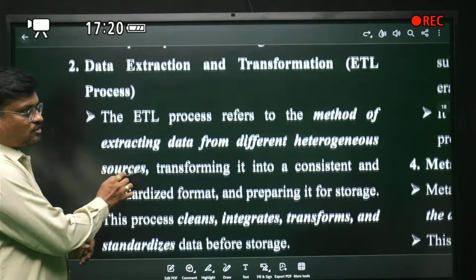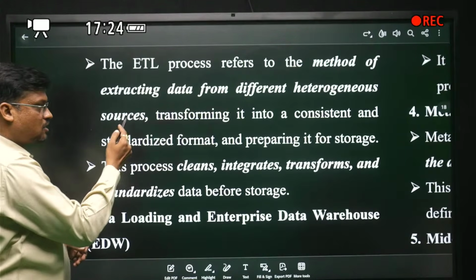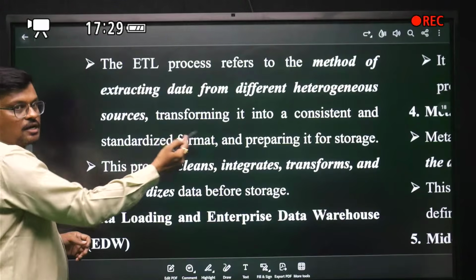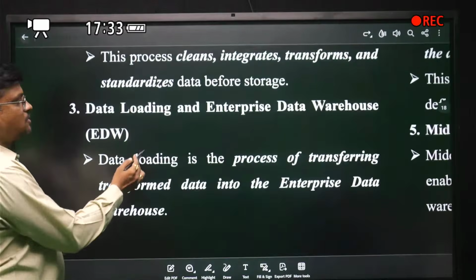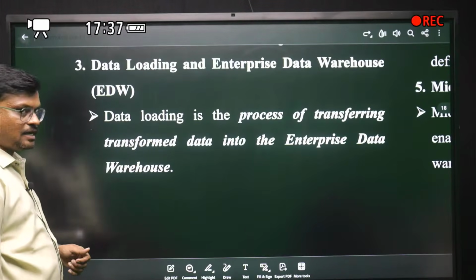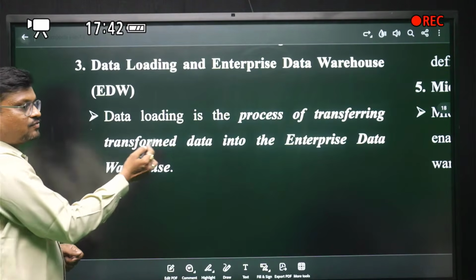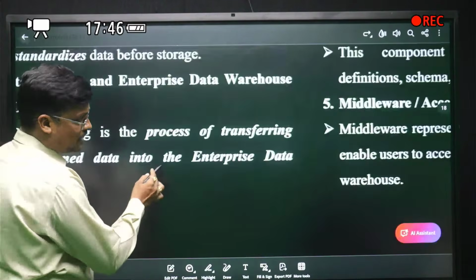The ETL process refers to the method of extracting data from different heterogeneous sources, transforming it into a consistent and standardized format, and preparing it for storage. Load it. Okay. The third one is data loading and enterprise data warehousing, EDW. Data loading is the process of loading the transformed data into the enterprise data warehouse. In the ETL, you have standardized the data, no?